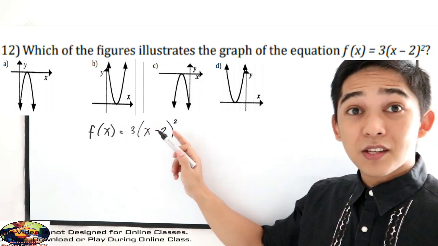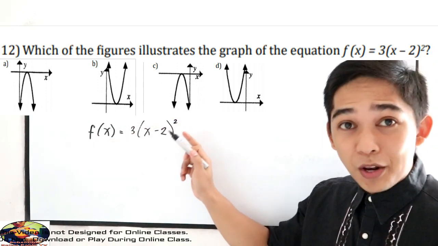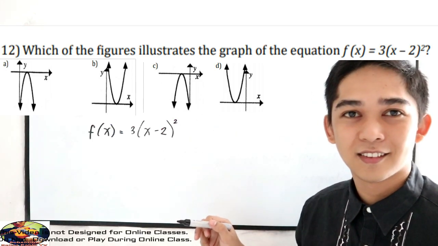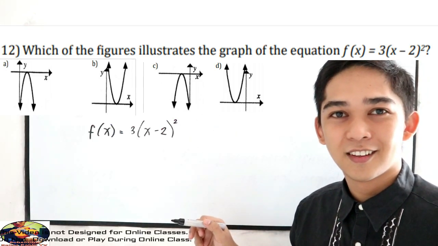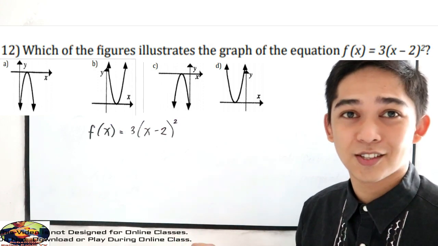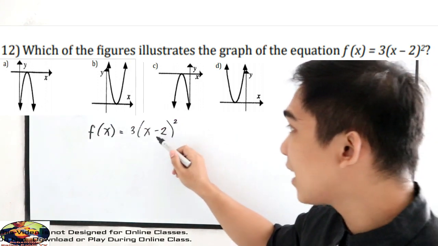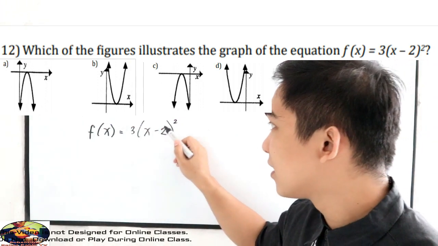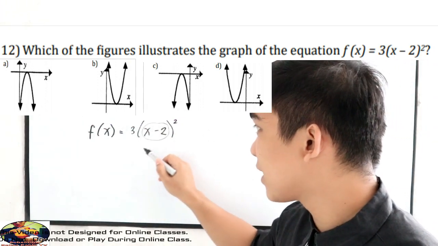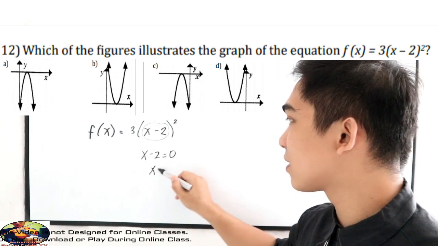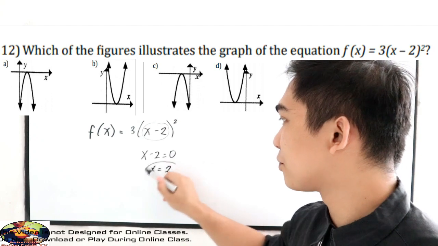Our exponent is 2. So we know that the graph is a curve or parabola. Let us find the vertex of our parabola. To find the vertex, just equate x minus 2 to 0. So x is equal to positive 2.